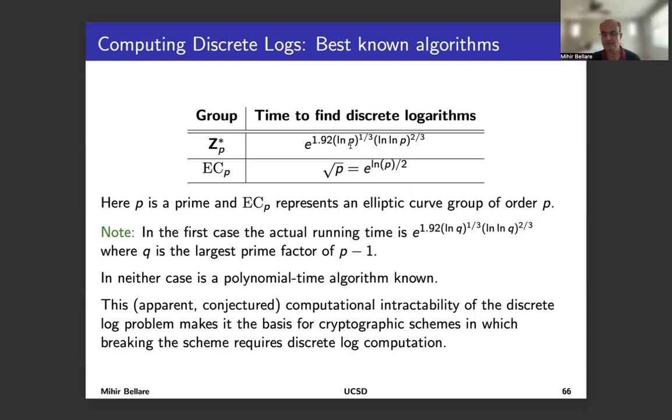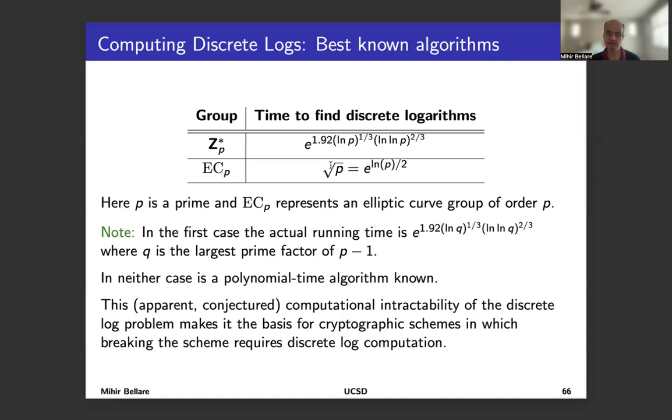It assumes a certain structure in which the p minus 1 has as large a prime factor as possible, because the real formula depends on the largest prime factor of p minus 1. But the salient fact is that for neither problem do we know an algorithm that's what's called polynomial time, meaning runs in time a polynomial in the bit length of p.